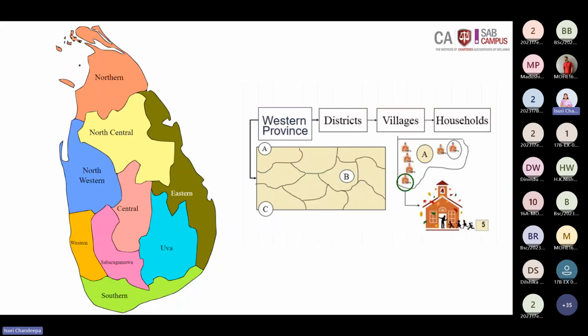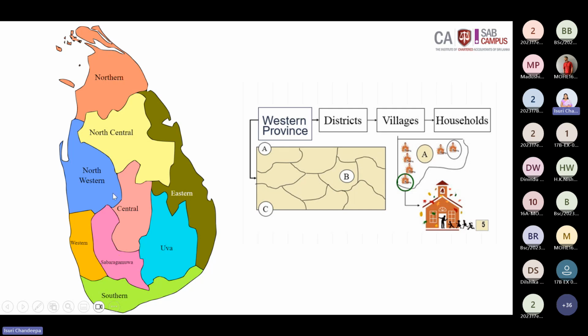So if we are conducting research on SMEs in Sri Lanka, you can divide the first cluster into the 9 provinces. Next cluster, you can identify the districts, right? Each province has districts. 25 districts we have. For example, Central Province may have 2.